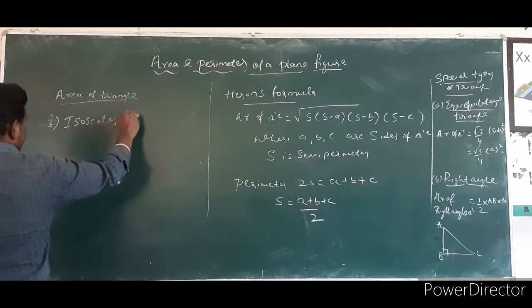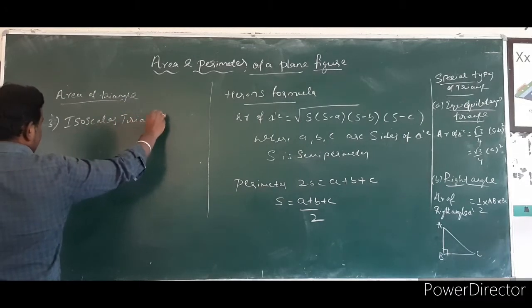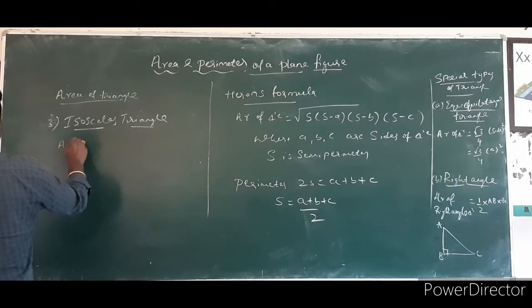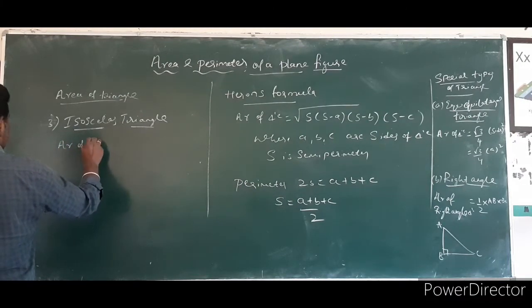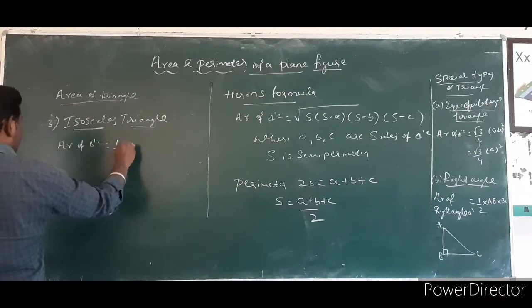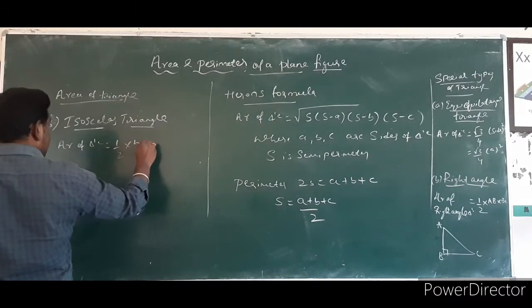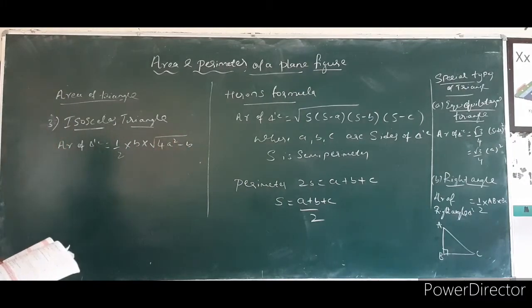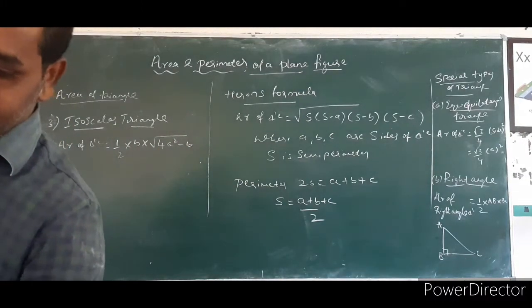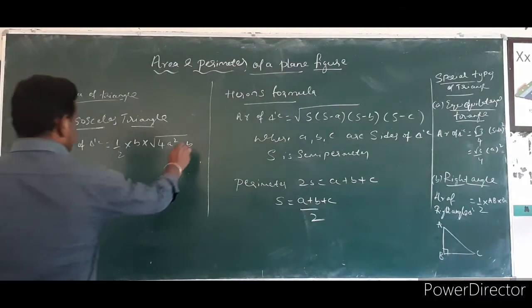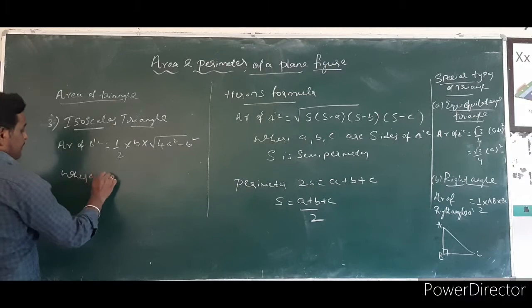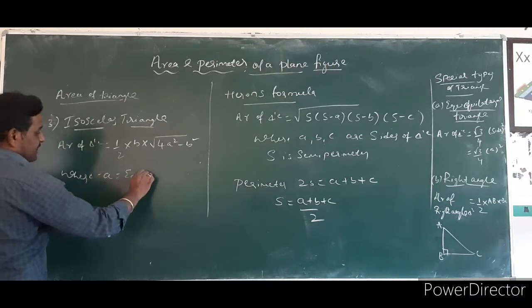Area of triangle is equal to half into b into root of 4 a square minus b square, where a is the equal side.